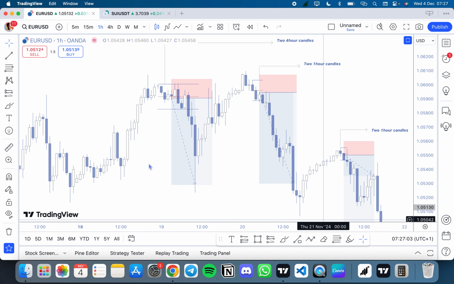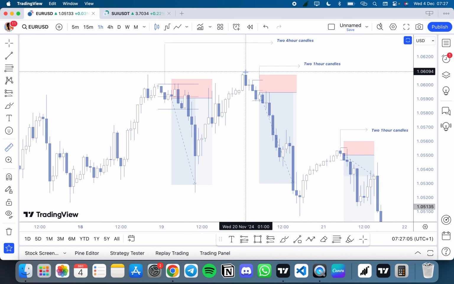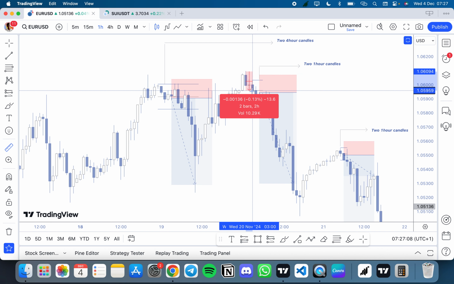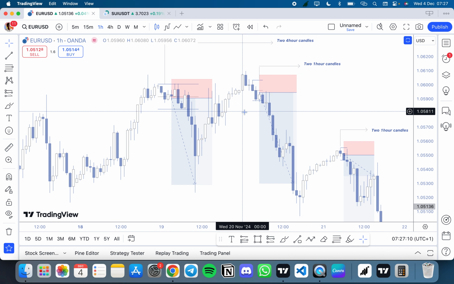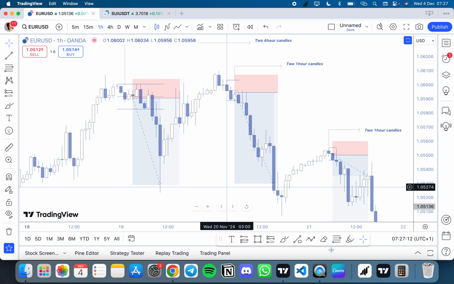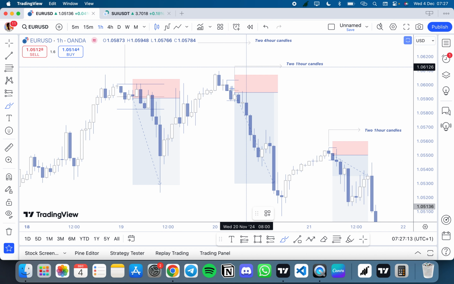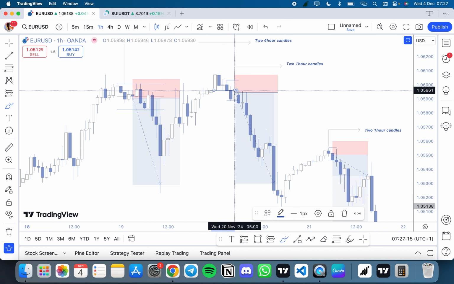You could actually say that this was the first valid one, but this is invalid because of a rule I have where I don't use inside bars. So I don't trade inside bars on the 1 hour time frame. If you look at this, these two candles were inside of this one.